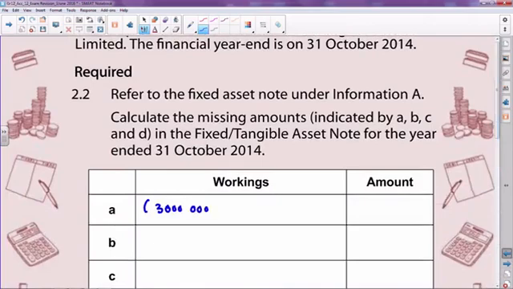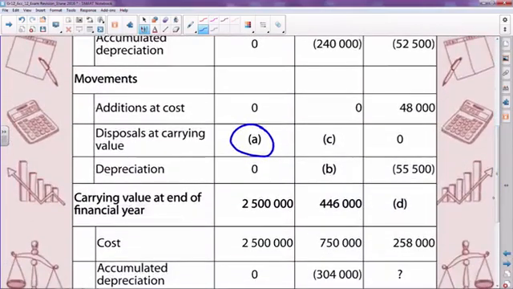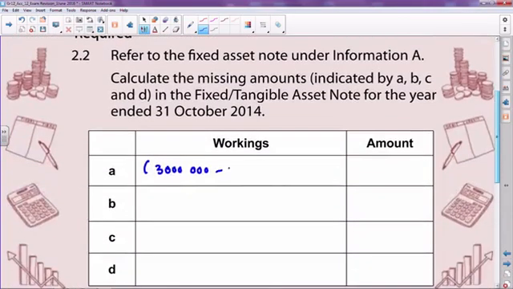We then compare it and see what my closing balance is. My closing balance is 2,500,000. Clearly I can see that my land and buildings has decreased. So, there must have been a disposal of land and buildings.